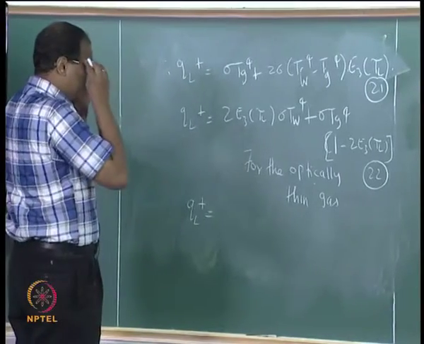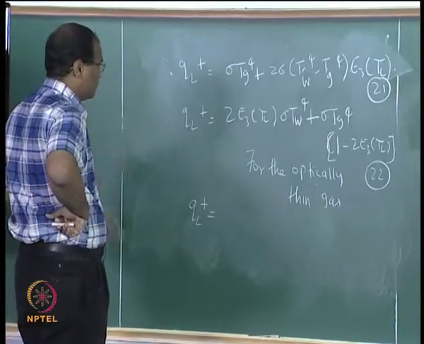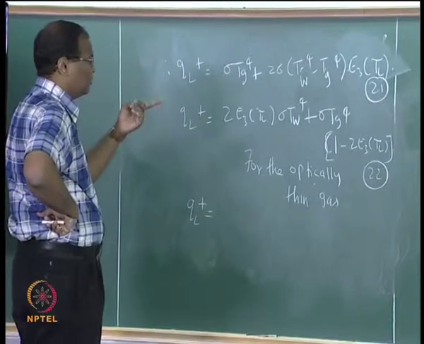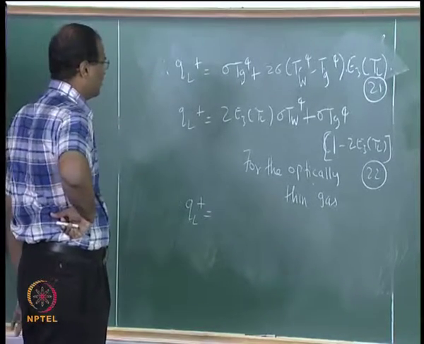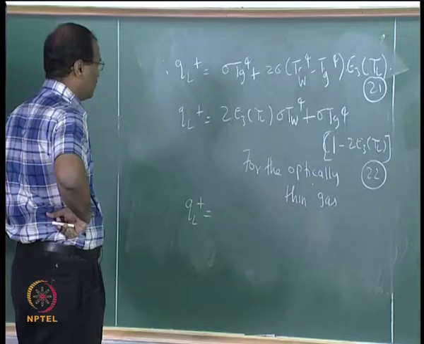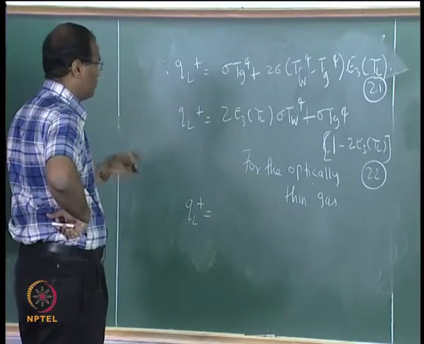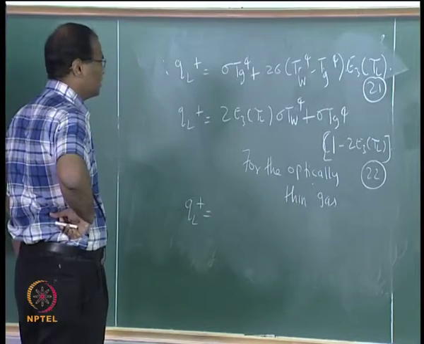What is E3? Half minus T. Therefore, this will be 1 minus 2T, yeah?